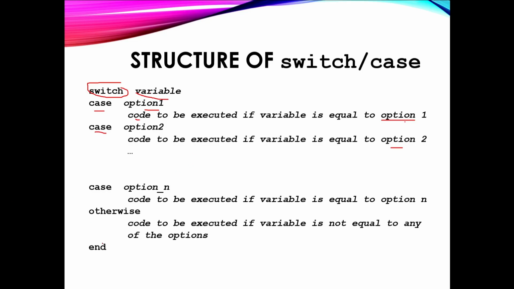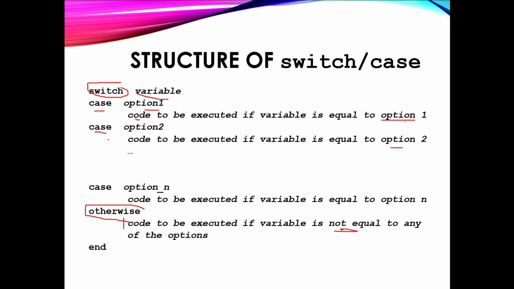And finally, in the if-else and else-if, we have the else structure, which is the criteria if all the other comparisons are false. So in switch and case, we use otherwise. Following otherwise is the code that MATLAB will execute if the variable is not equal.